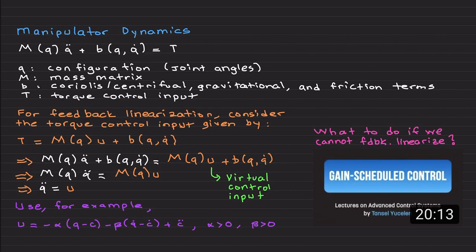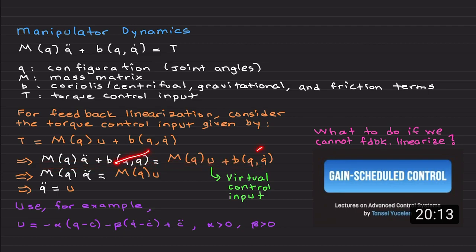I also would like to include this as another example. To feedback linearize this system, consider this torque control input. Our virtual control input also pops up here. Once you insert this torque into this system, you have this equal to the applied control input.